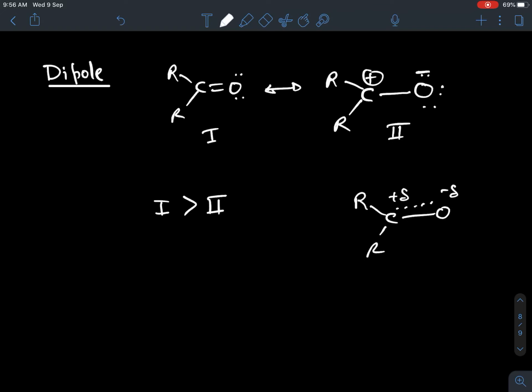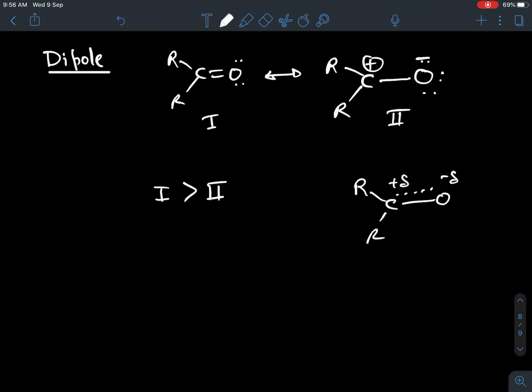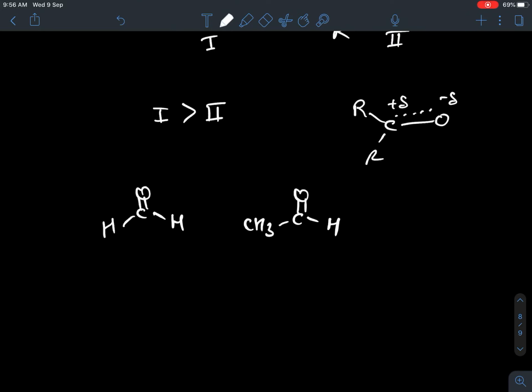Now when you are going to compare the different aldehydes and ketones, let us see what the dipole moment values will be. Like this one, if you compare formaldehyde with acetaldehyde and that with C double bond O CH3.